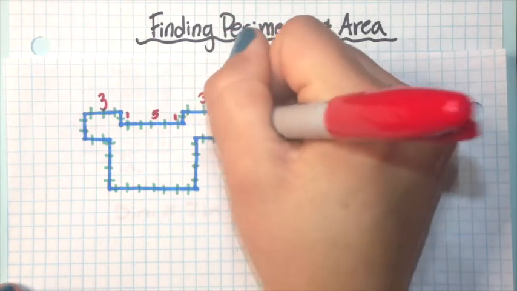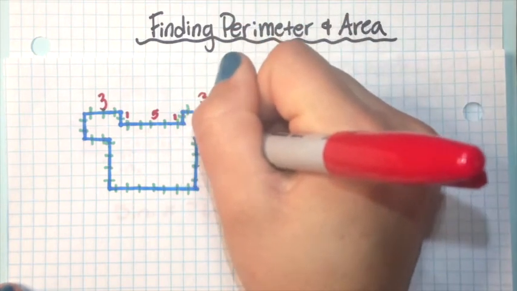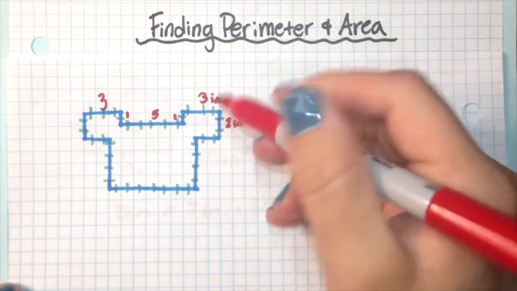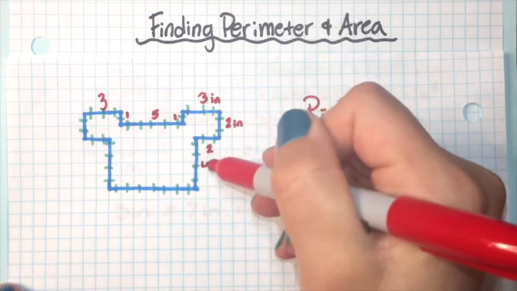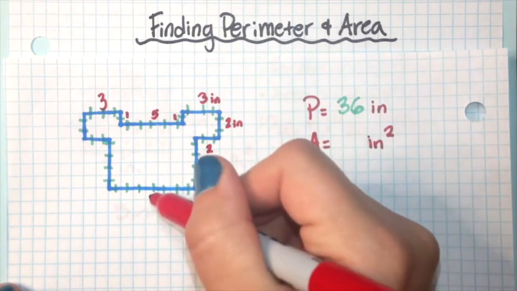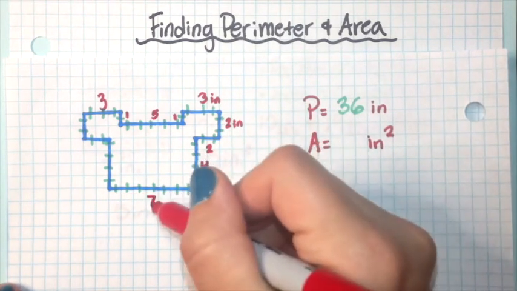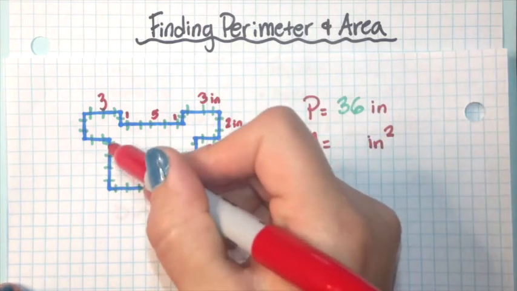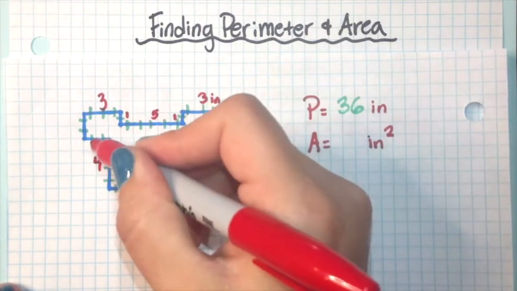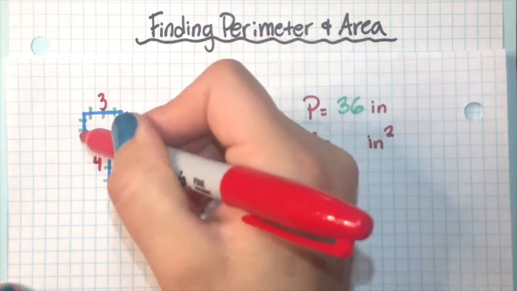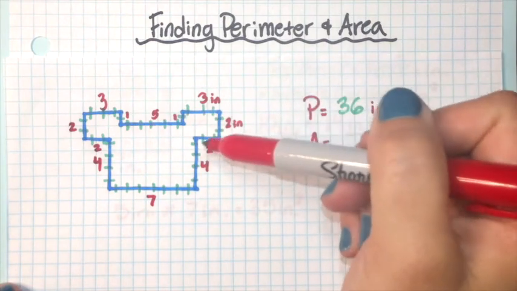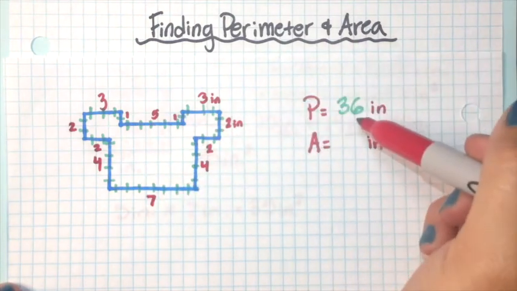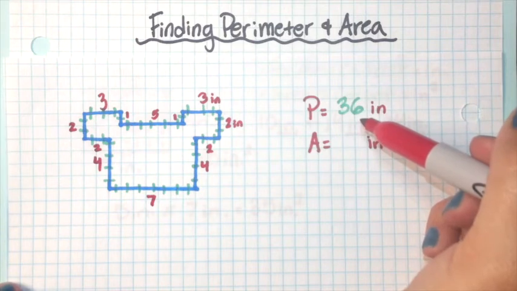This is 2, this is 2, then 4, then 7, then 4, then 2. So you could add up all of these side lengths, and that would also equal 36. Those are two different ways you can do it.